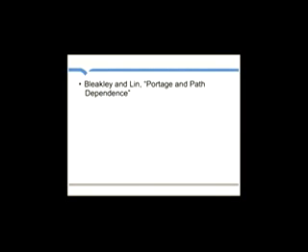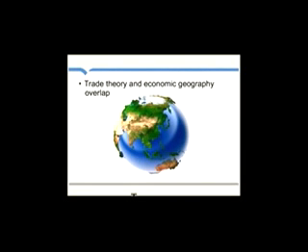On these nudge effects for cities, you should read Bleakley and Lynn, Portage and Path Dependence. One thing that's interesting about these urban literatures and these urban examples is that you're starting to see ways in which trade theory and economic geography, or location theory, actually overlap quite closely.